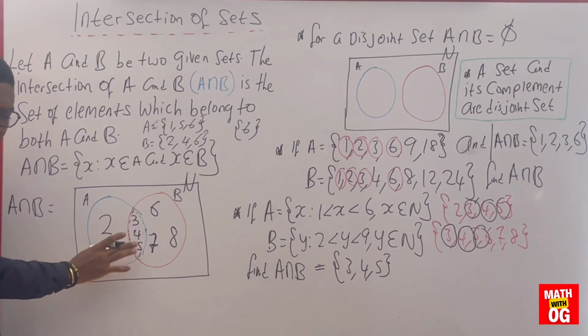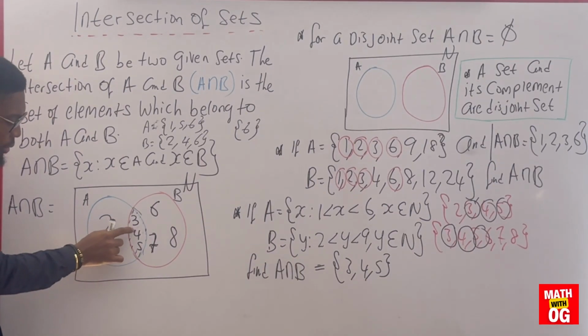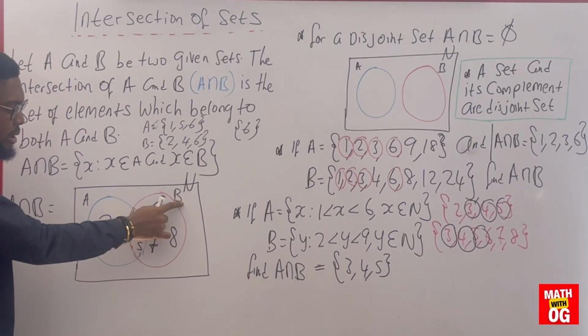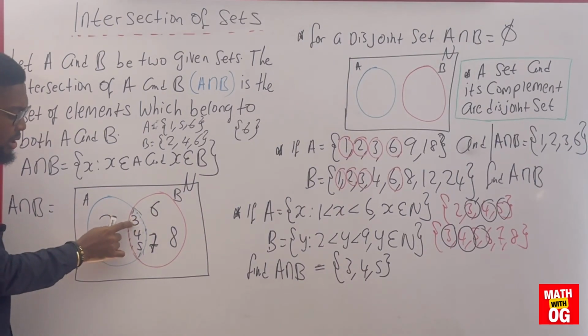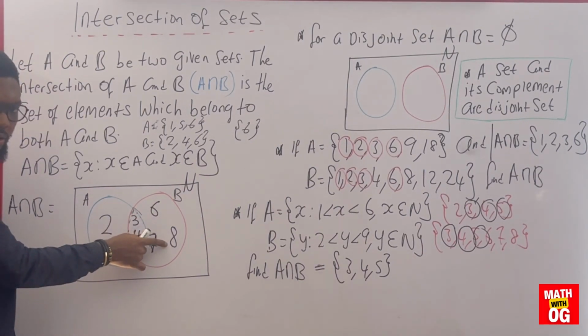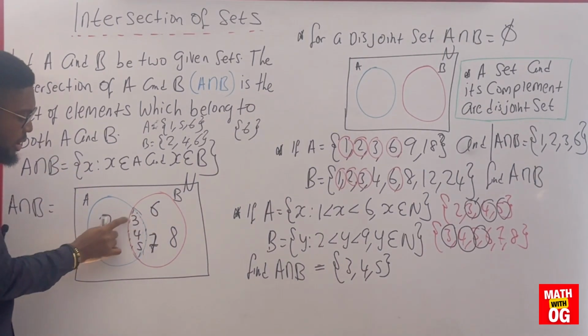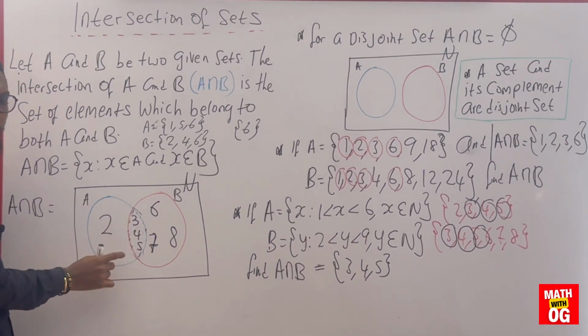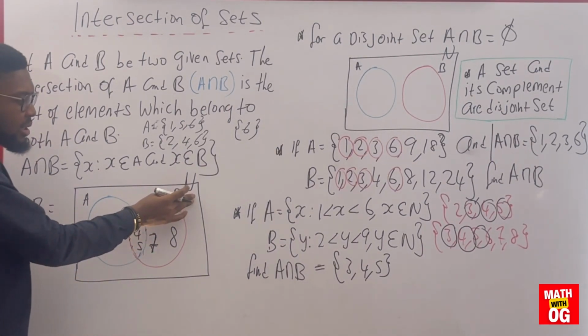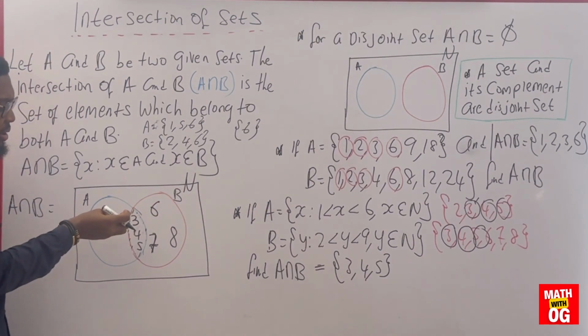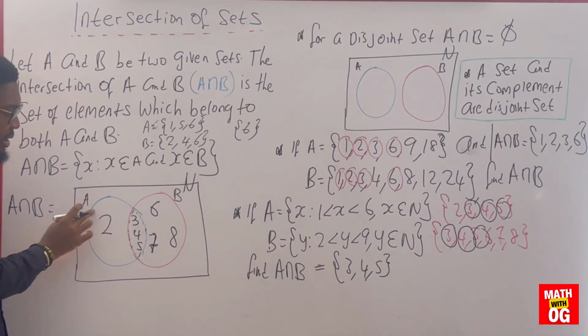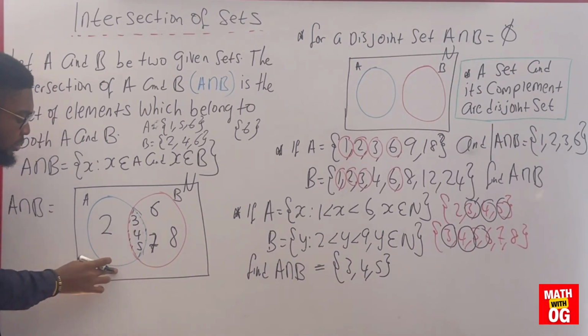So set A is a set containing 2, 3, 4, 5. Set B is a set containing 3, 4, 5, 6, 7, 8. The intersection of A and B is simply 3, 4, 5. Supposing we are given the universal set and we know what is in the universal set that is not in A and B, those elements will be found outside there.